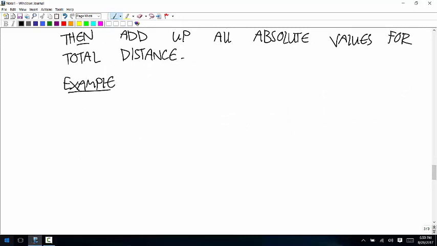So let's say we have a position versus time graph. This is the motion that this object has. Here's the position in meters, and here's the time in seconds.